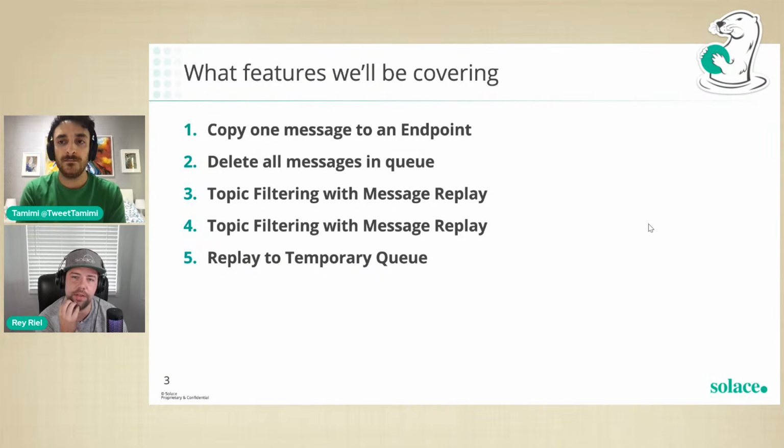We have delete all messages in a queue, which is a feature that everybody's been wanting to just clear a queue out. We have topic filtering with message replay, which we're only going to do once, despite what the list says. That's the ability to pinpoint your replays to filter only on topics you're looking at. And then we're also going to take a look at the ability to replay to a temporary queue.